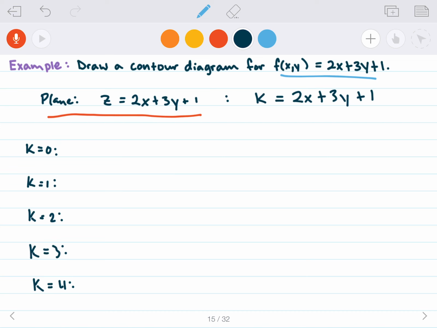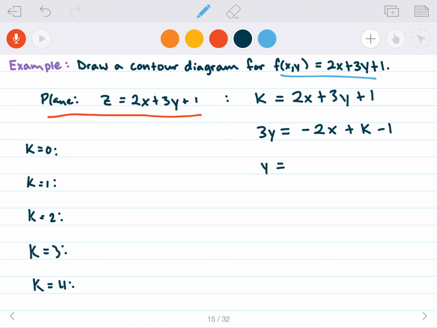So I'm going to subtract 1 over and subtract 2x over, and I'm going to get 3y equals negative 2x plus k minus 1. I'm just doing simple algebra, manipulating this equation to get y by itself.